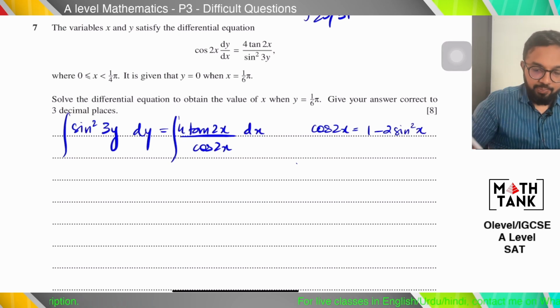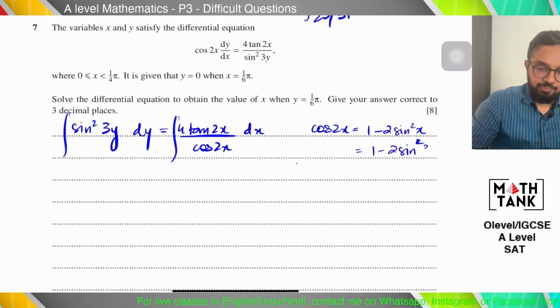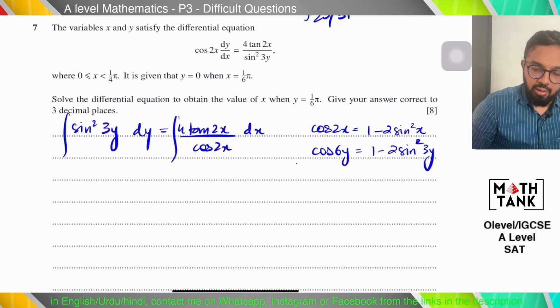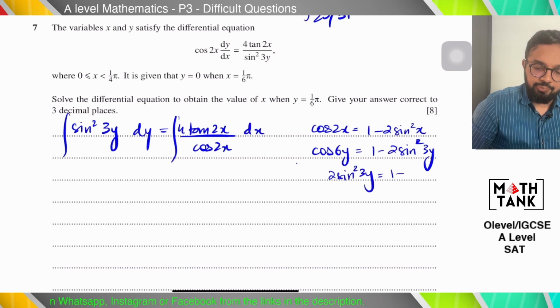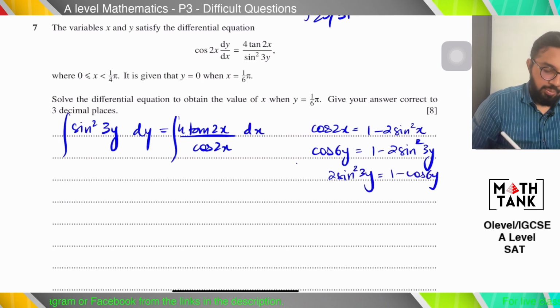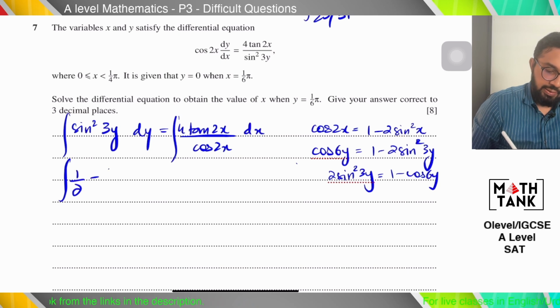Okay, if this is 3y, then this will be 6y. Okay, and if I make this the subject, it becomes half minus half cos 6y.